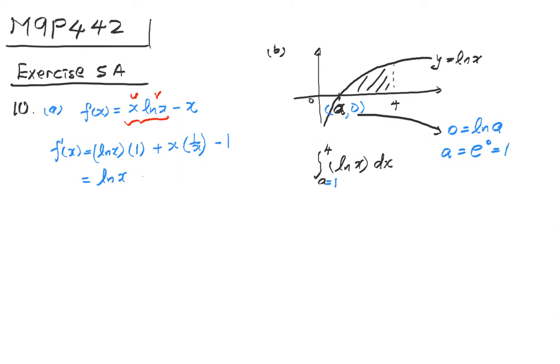So therefore, when I integrate ln x dx, I will get back my f(x), which is this. And I put a plus c. Am I right? Okay? Can? Good. So now I know what is my ln x integral already.